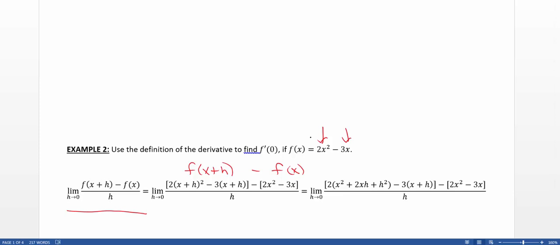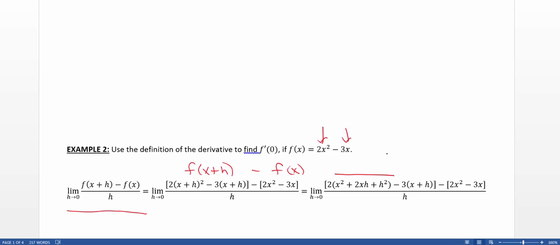Now we need to start our algebraic simplification. So for the first step, I'm going to square out the x plus h in that first term. So if I square that out, I'm going to get x squared plus 2xh plus h squared. Remember, there's still the 2 out front. I haven't touched any of the other terms yet.